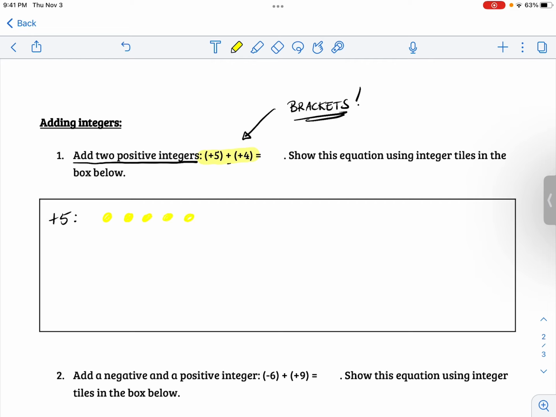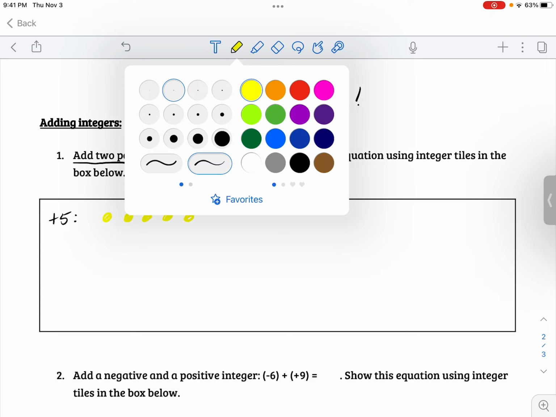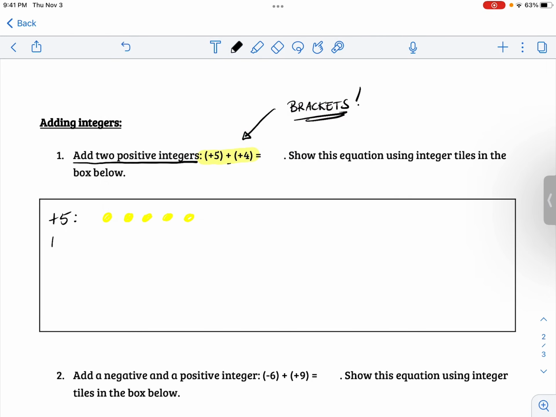Okay. And what's nice about this is it's the same sign. So then your second integer is going to be down below. So that's positive 4. And you're going to represent that with 4 positive tiles. Now, because we're adding the same sign, there is no need for zero pairs here. So because it's the same sign, you're just counting simply the number of tiles you have there.